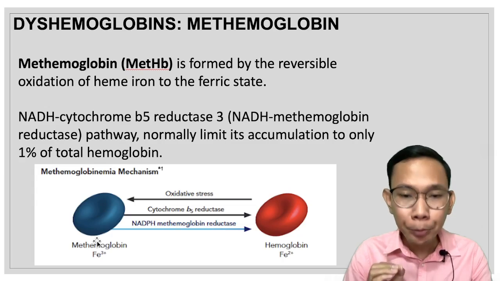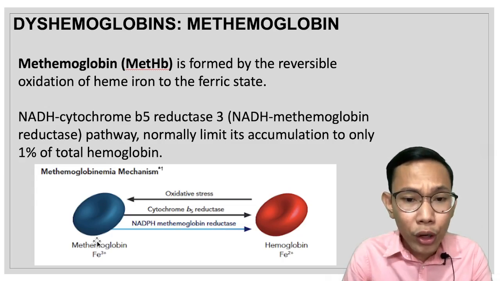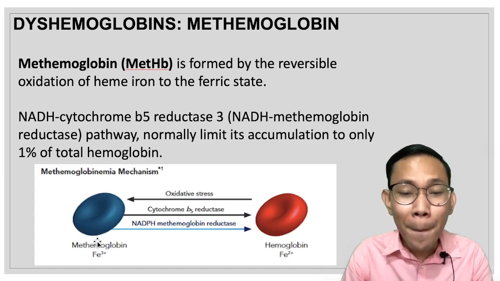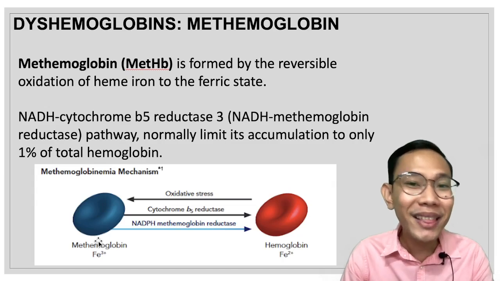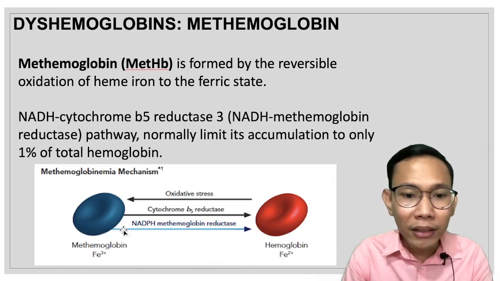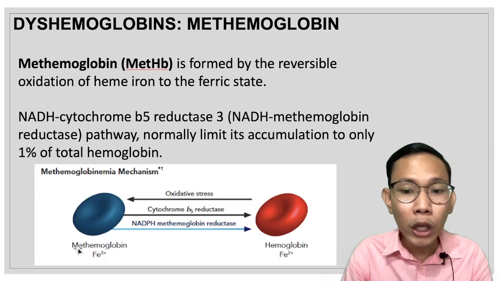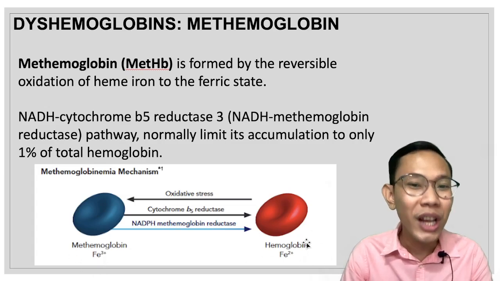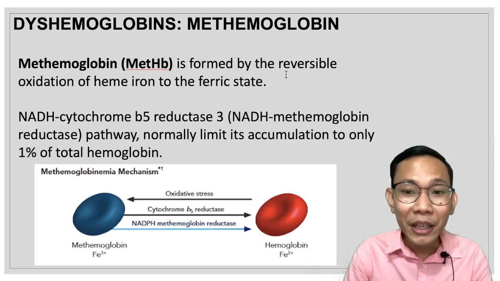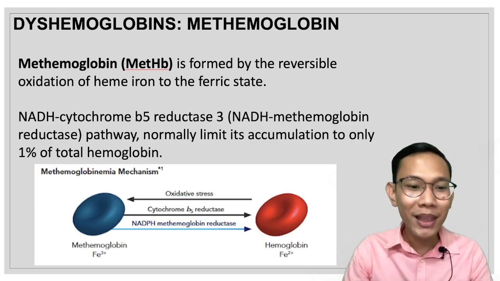And what is the treatment for this, doc? The basic treatment is methylene blue. We give methylene blue to our patient. Through the NADPH methemoglobin reductase pathway, the ferric will be converted back to the ferrous. Remember, methemoglobinemia is reversible.